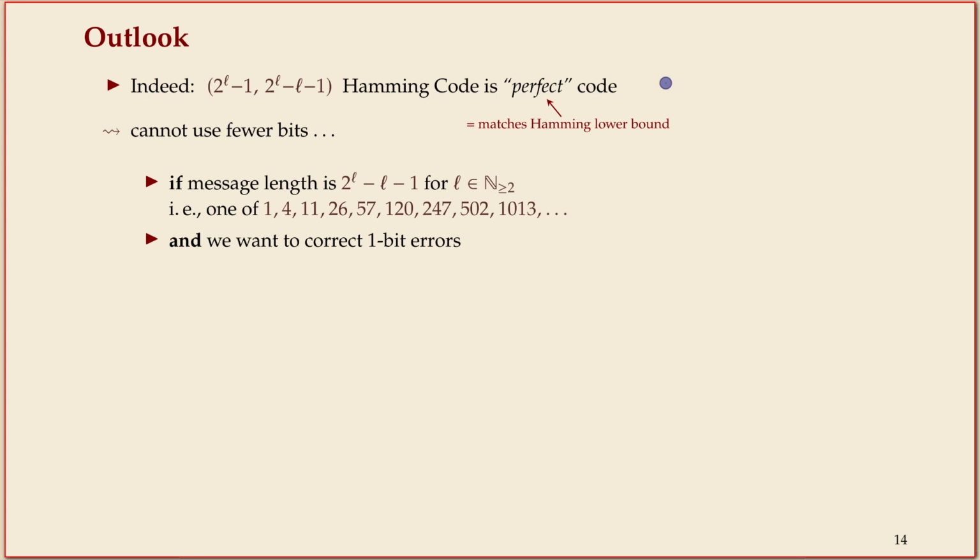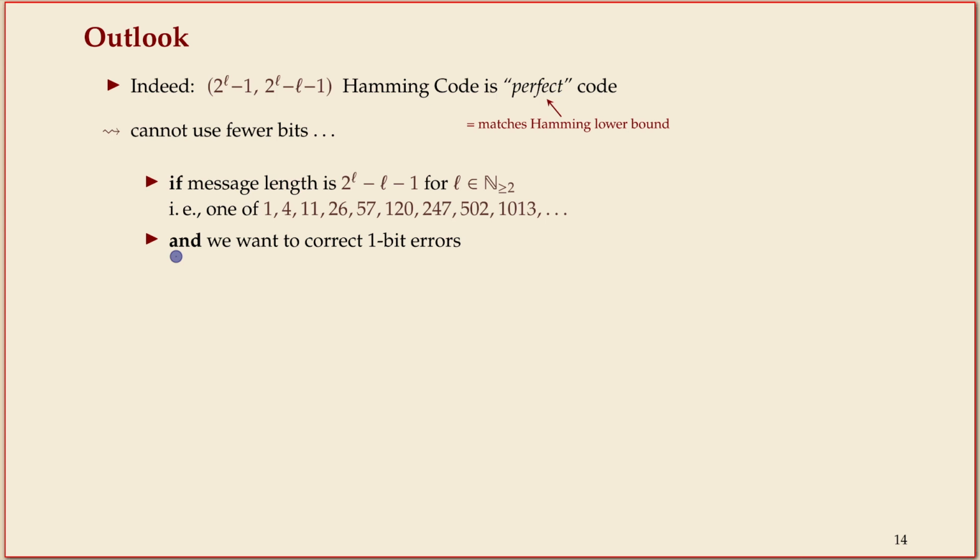A brief comment on what is not so easily possible. The generalized Hamming codes that we've seen are called perfect codes because they exactly match the Hamming lower bound. So we have a matching lower bound. We can't possibly do better, and we have an upper bound that achieves it. So everything is great. We cannot possibly do better if the message length has a specific form that comes from the construction, and we want to correct specifically 1-bit errors.